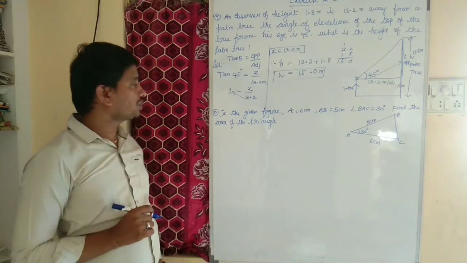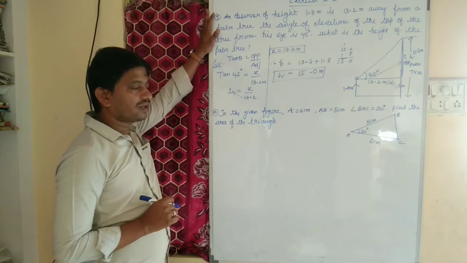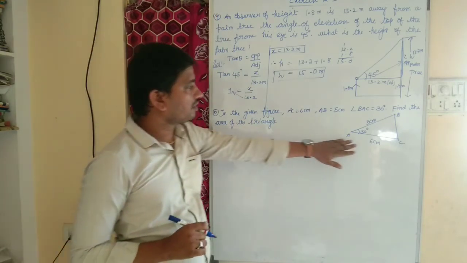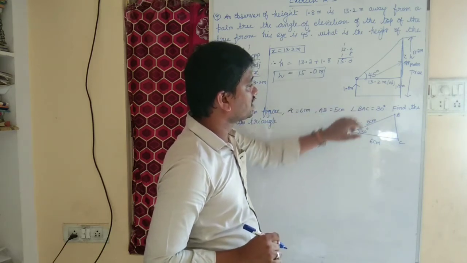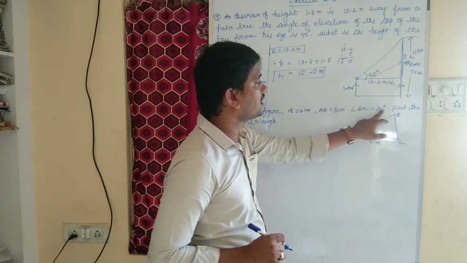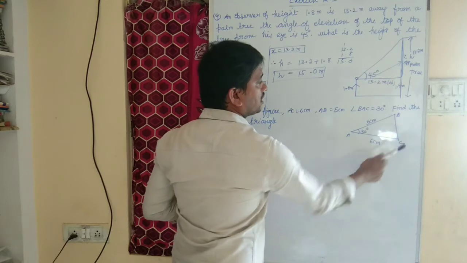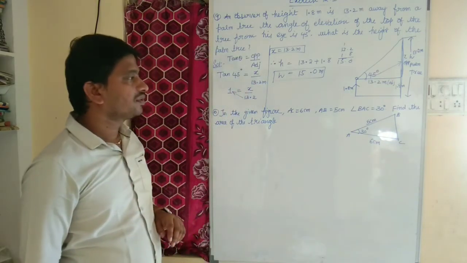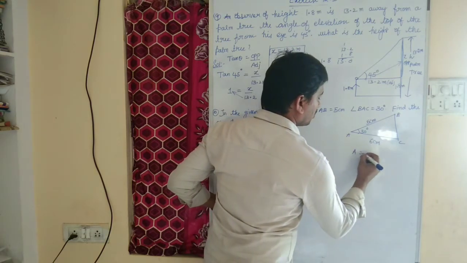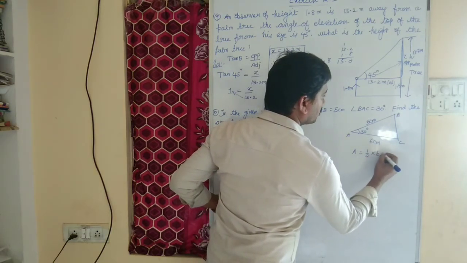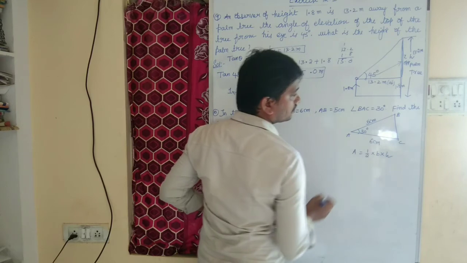Now coming to 10th question. In the given figure, AC is given as 6 cm, AB is given as 5 cm, and angle BAC is 30 degrees. Find the area of the triangle. Children, what is the area of triangle formula? Area of triangle equals half into base into height.